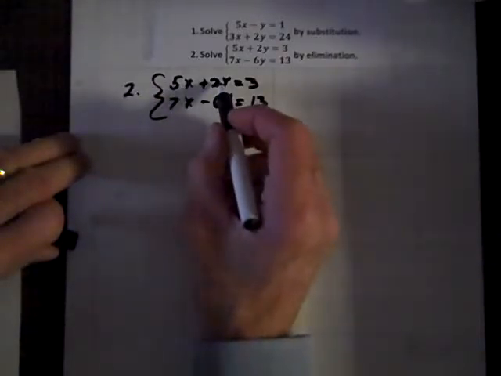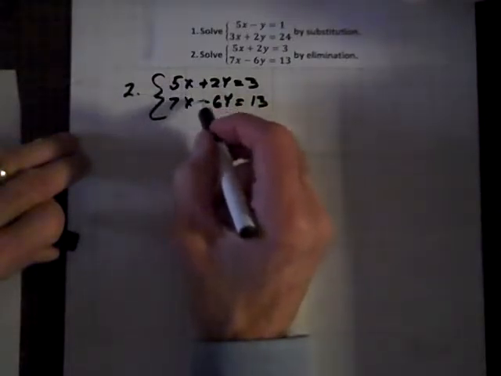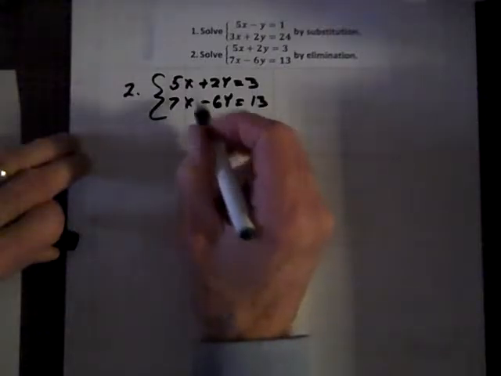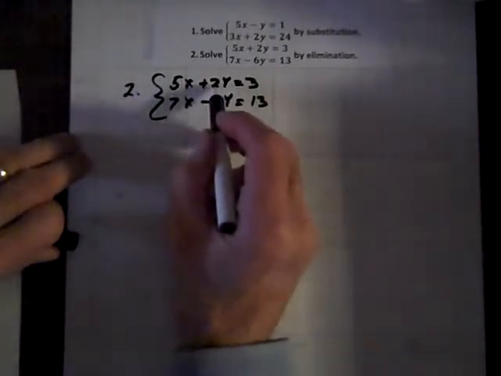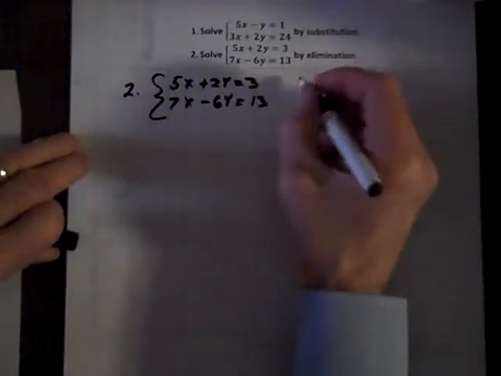So, what we'll do, if we only had a 6y here, then if we were to add these two equations together, the y's would drop out. So, to get a 6y here, we'll multiply this entire equation by 3.